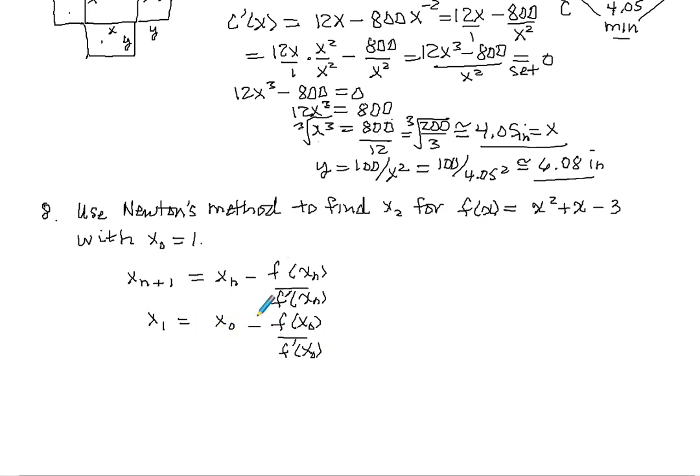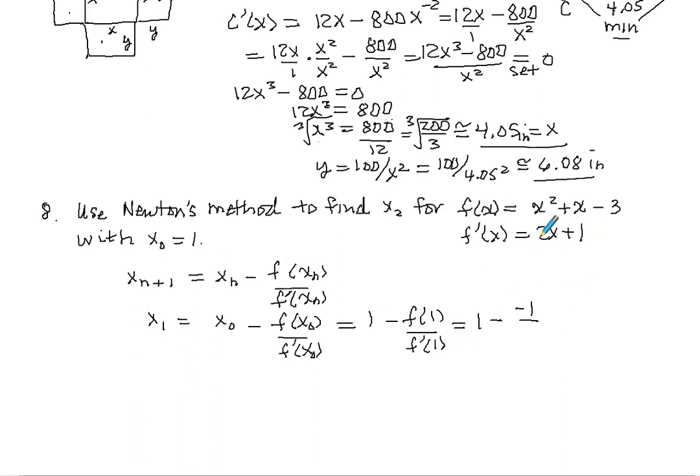So in our case, our x0 is 1, so this is going to be 1 minus f at 1 over f prime at 1. So that'll be 1 minus f, plug in 1, the original function, 1 squared plus 1 minus 3, so 1 plus 1 minus 3, that's 2 minus 3, negative 1 on top. f prime at 1, so f prime of x is 2x plus 1, just using the power rule there.